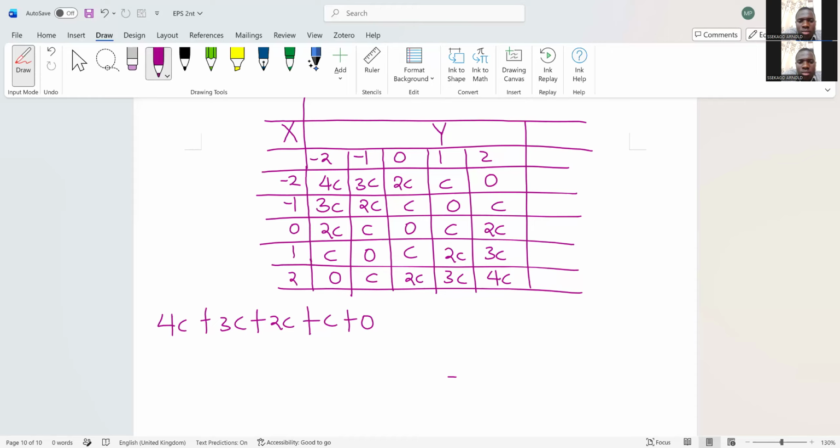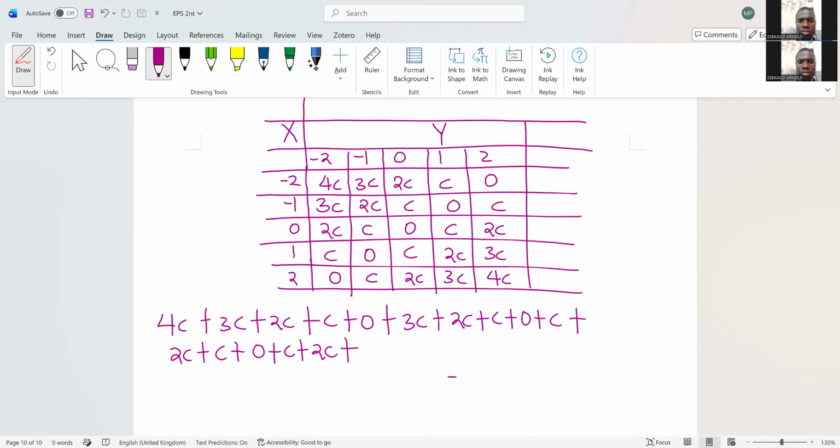Then 4C plus 3C plus 2C plus C for the second row... that is, 3C plus 2C plus C plus 0 plus C. Third row, 2C plus C plus 0 plus C plus 2C.